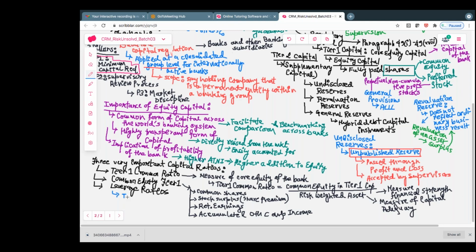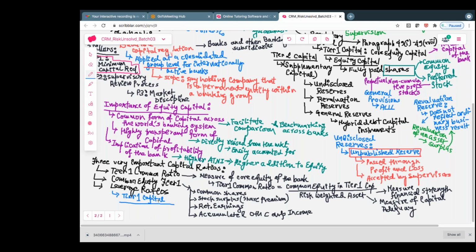So the leverage ratio is the tier one capital, the tier one capital ratio. So the total amount of tier one capital that you have as a part of your total capital, divided by the firm's average consolidated assets.